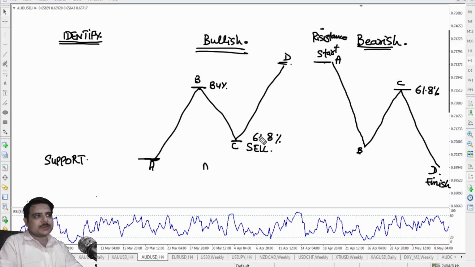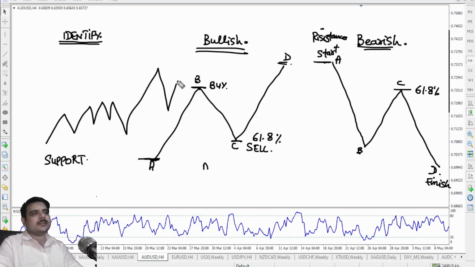This is the 61.8% retracement very nicely, and in a bullish or bearish market, even in a bullish market, you can trade counter trend trades. And right here, if you see A to B, the simplest way to trade, which I personally traded, is this: let's suppose this is a market with just clear bullish waves right here, A, B, C, and maybe the D is somewhere up there.